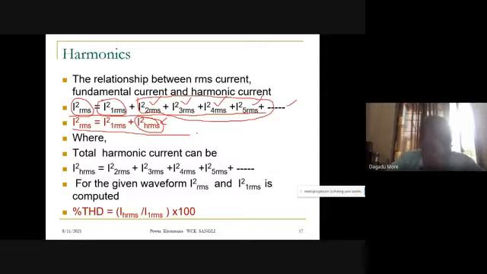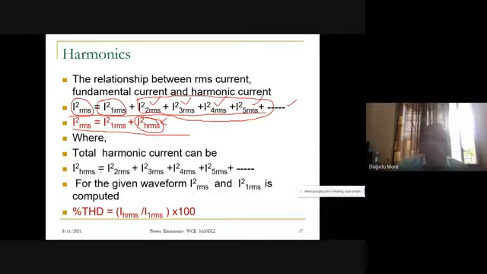One is the RMS current, which we can calculate as the square root of the mean of the square. The RMS current squared will be equal to the fundamental RMS current squared plus the harmonic RMS current squared, so I RMS squared equals I1 RMS squared plus IH RMS squared. This is the relationship we have given here.